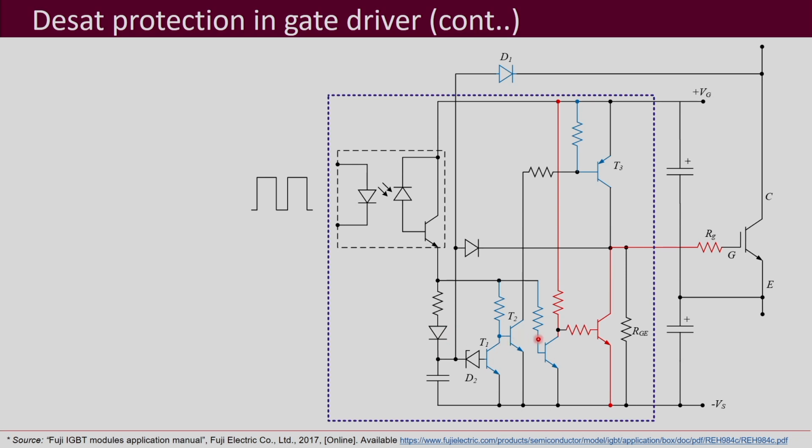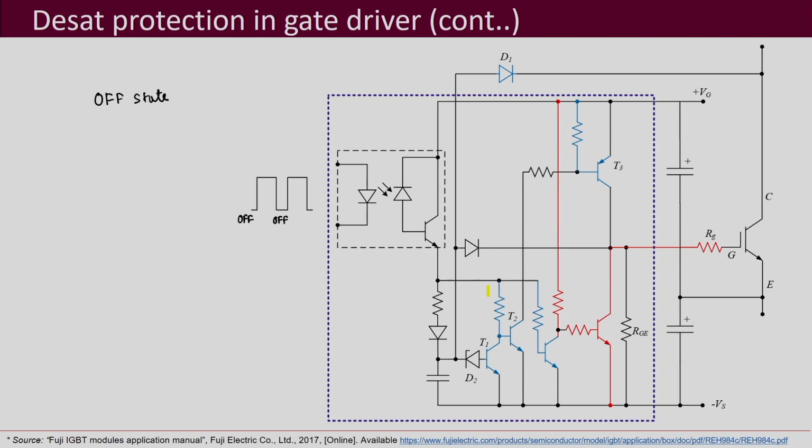So, how does it work? First let us see what happens while it is off. This is when your gate pulse is not there, so the off state, that means the voltage is low. The voltage is low, so this is not going to operate.